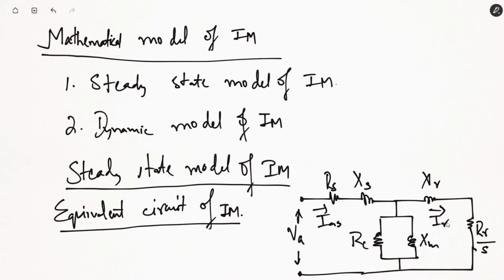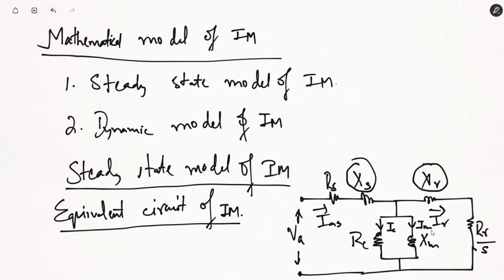You can calculate the leakage flux associated with the stator reactance XS. You can calculate the rotor leakage flux associated with XR component. You can accordingly calculate the core loss by finding out the resistances RC and XM and the current flowing through these branches. So once we have calculated the losses, we'll be able to derive the efficiency.